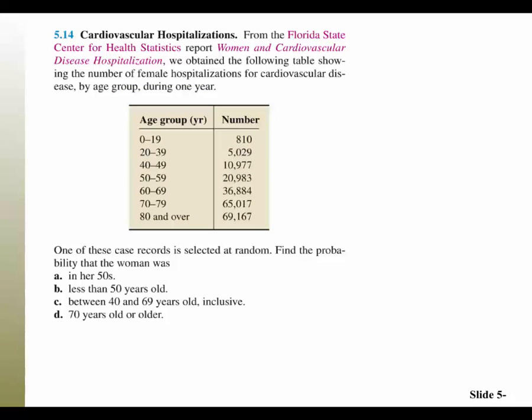Okay, and so then we saw that probabilities are like the twin of relative frequency. So if we want the probability that a hospitalization was from the age group of 0 to 19, using the table showing female hospitalizations, it would be the relative frequency of that group: 810 over the total number of hospitalizations.